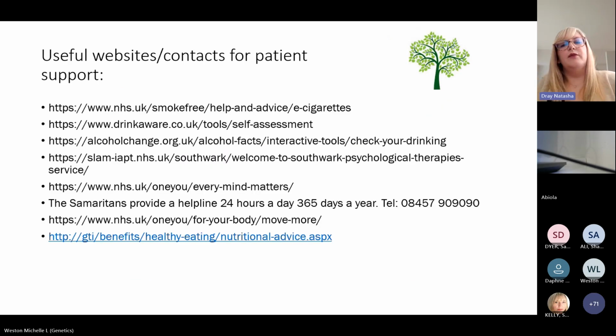These are some of the useful links that we utilise in our clinics when we're having these conversations. But it would also be beneficial to look into what services and support are actually available to your patients locally. And the MEC website, which I haven't included on there, sorry, is very useful as it outlines different support that's available for patients in different areas of the UK.